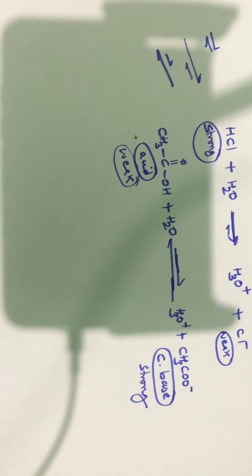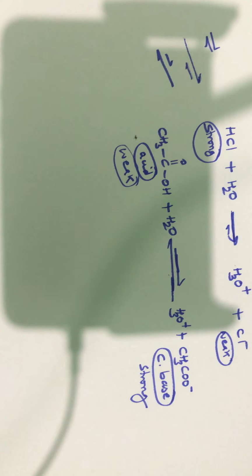In the presence of water, HA dissociates to give H plus and A minus. Whatever H plus is released will be taken up by water to give H3O plus.